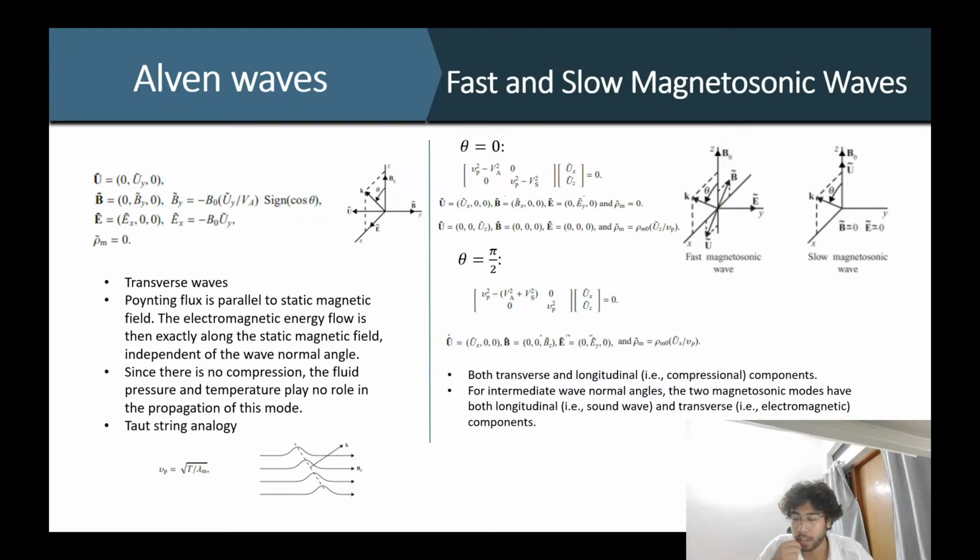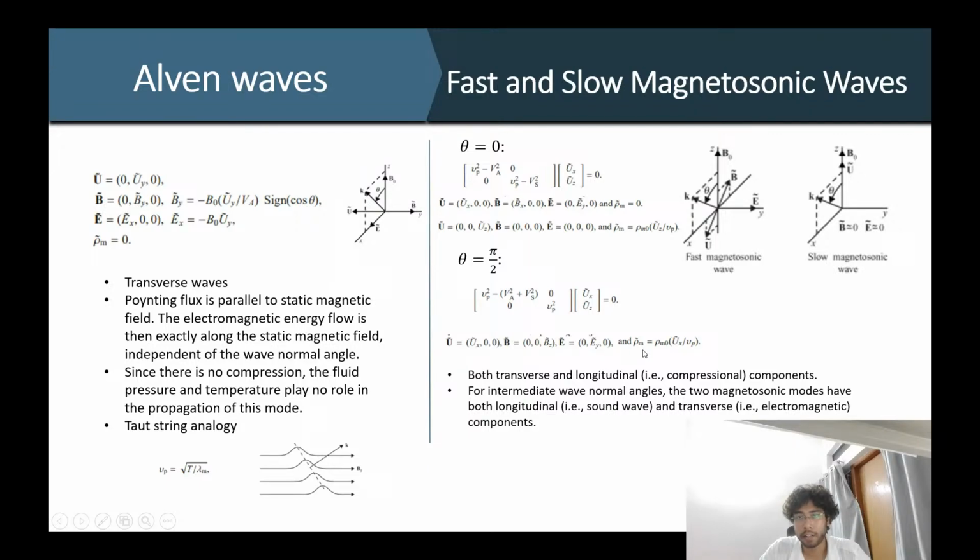So the only solution is Vp square equals Va square plus Vs square. And in that case, this becomes 0, so only the x component can be non-zero. The z component has to be 0. So the velocity u will be like this, and similarly we can calculate b and e. And we have the density as well.